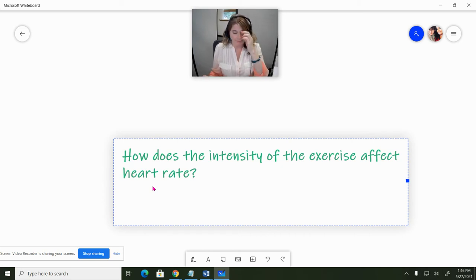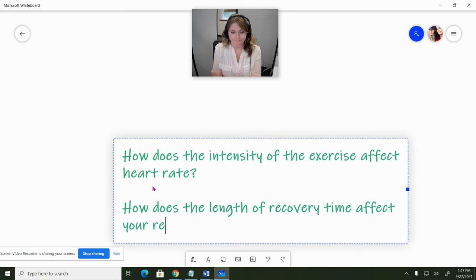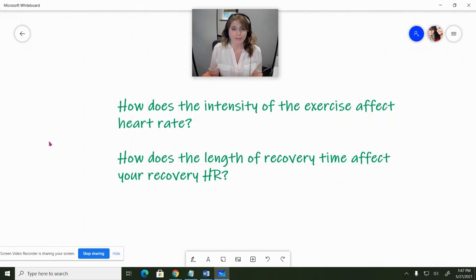Another one that I came up with is, how does the length of recovery time affect your recovery heart rate? In this example, you would picture yourself doing, again, 3 different trials of exercise, all at the same intensity, though. You wouldn't change the intensity.